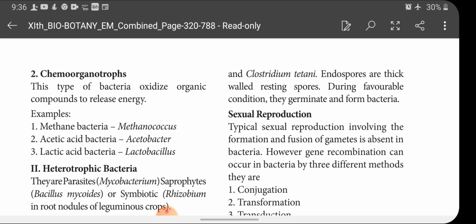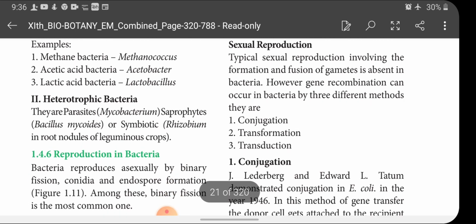Endospores are thick-walled resting spores. During favorable condition, they germinate and form a bacteria. So during unfavorable condition, the bacteria secrete thick wall around it and become a spore. This spore resists the unfavorable condition. During favorable condition, the spore germinates and becomes a bacteria. This is called what? Endospore.